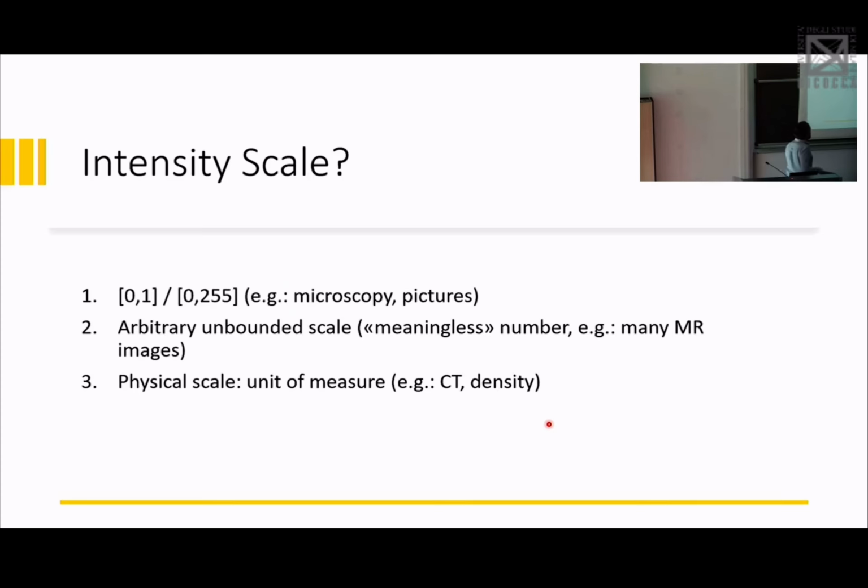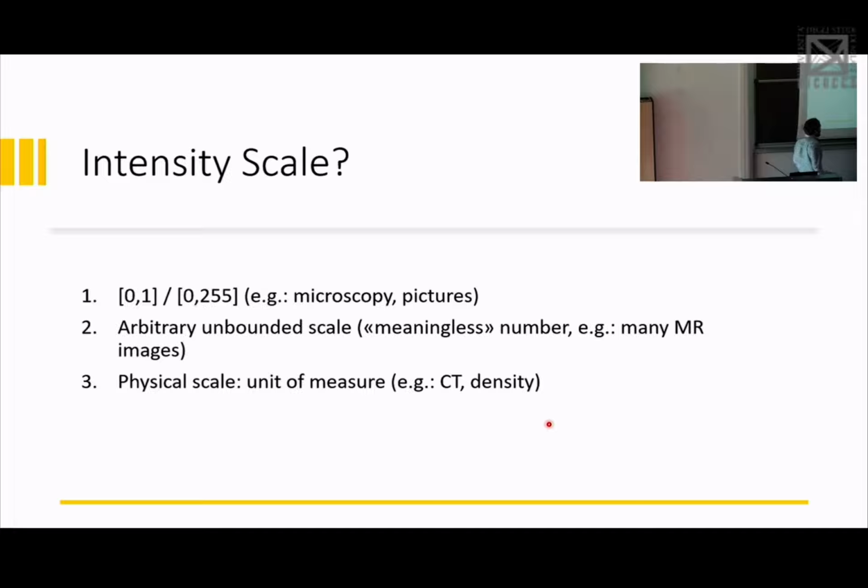Now, this is a pretty important concept, which is easy to overlook. We have said we have an array, but which kind of numbers are inside this array? There are multiple possible answers. In pictures, like the ones that you have on your phone, the numbers are bounded.